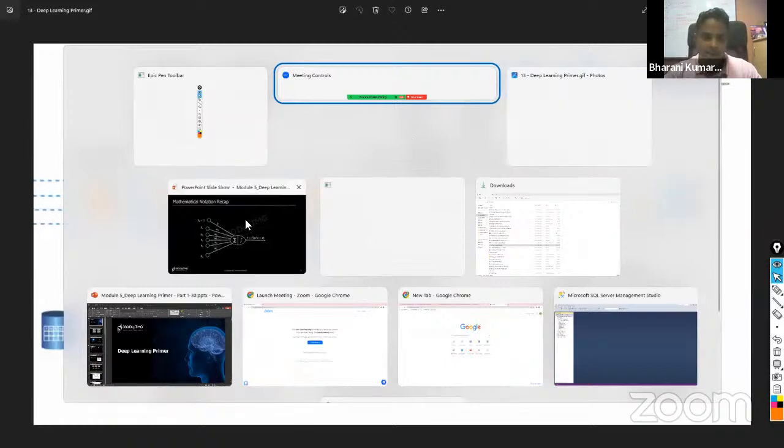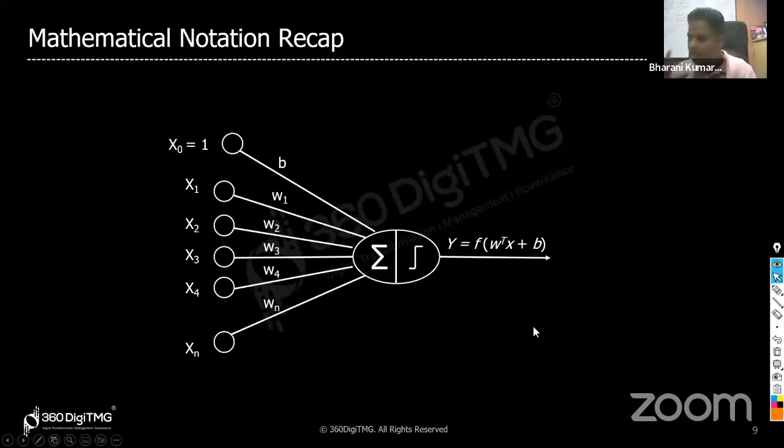So we had a brief understanding of the input, how the aggregation happens, what an activation function is, the difference between loss function and cost function, how backpropagation works, what the gradient descent algorithm is, and how you eventually update the weights. This is what we have discussed until now.